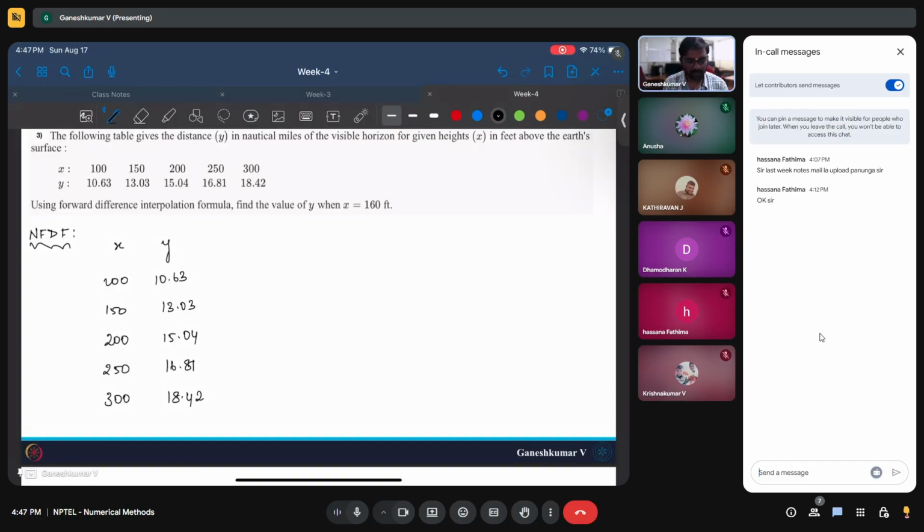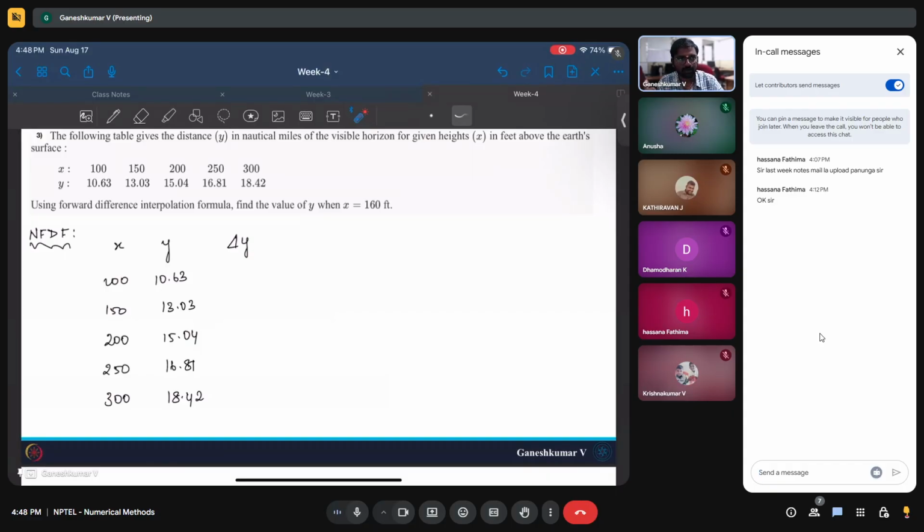Now, since it's in forward difference, you have delta y. For forward difference, you are going to use the next upcoming function value to find the difference at the present data point.